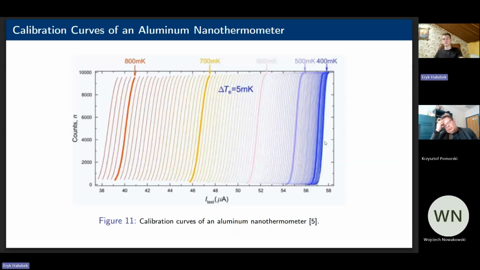So that's an idea of how you can measure the temperature by such a junction. And the limiting factor in this method is the duration of the pulse that you send through your structure. So it's a limitation due to the capabilities of your generator.